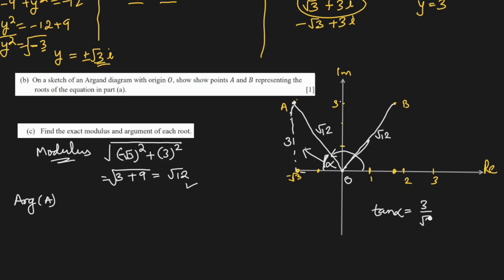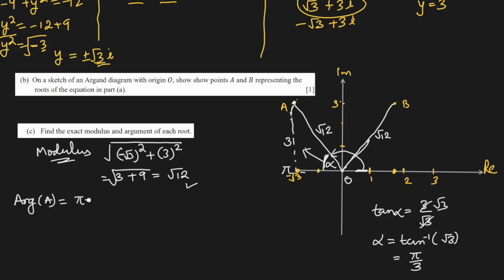I'm not writing negative because I'm interested in this distance, this particular length, not the sign. So alpha is tan inverse square root 3, which is pi by 3, 60 degrees. So argument of A will be, if we start from this half line till this line is pi, but it is alpha less than pi.